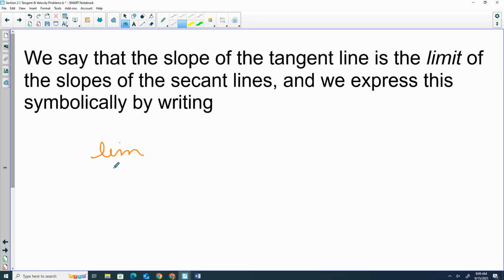It's always going to be the limit as x approaches some number of our slope formula equals a number. Okay, that's kind of the limit notation. X is getting close to a certain point. You have to know what function you're looking at and what number it's approaching. So we will see this a lot more later on in the week.